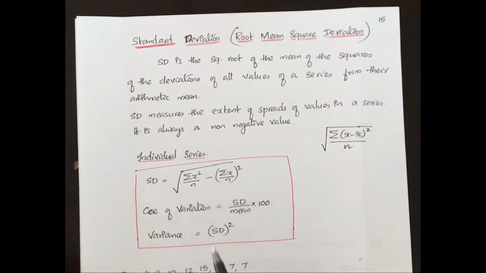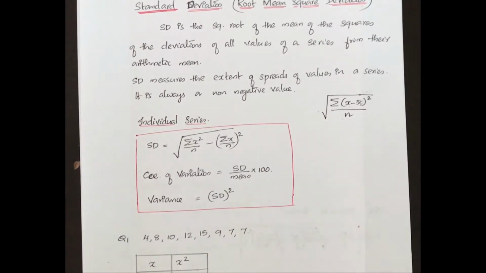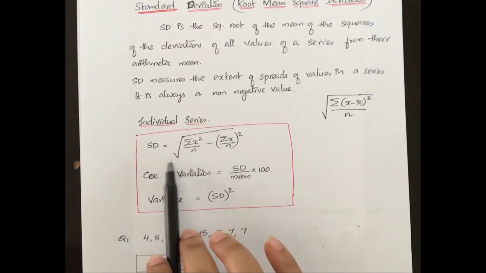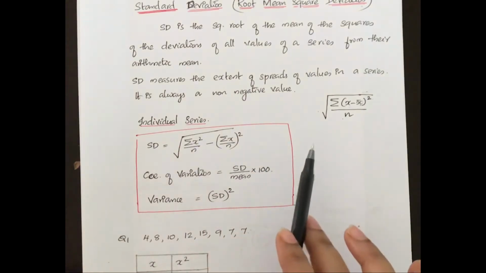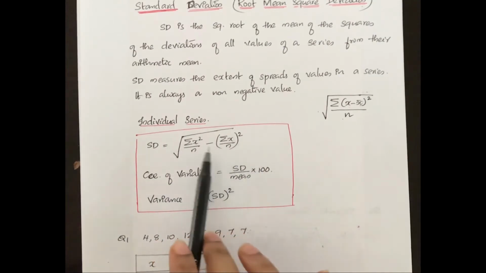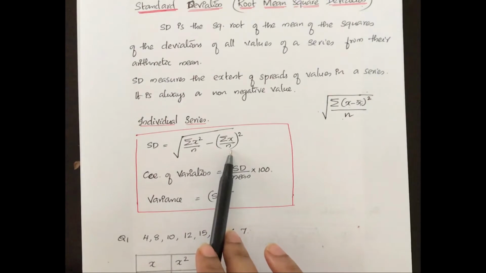So, we are going to look at how to solve standard deviation for three types of data: individual, discrete and continuous. For an individual series, for ease of calculation, we can use this equation: standard deviation is equal to the root of summation x square by n minus (summation x by n) the whole square.